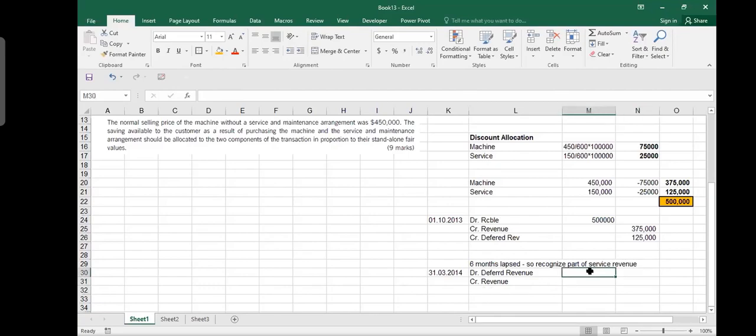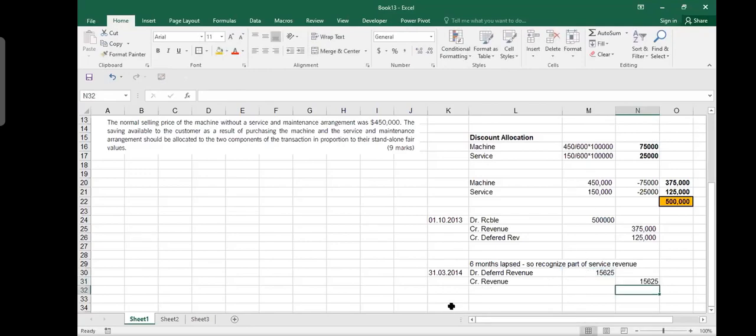How much would I do? Total service revenue is 125,000. You divide it by 4 years, so it is 1 year multiplied by 6 divided by 12. I do it for 6 months of revenue. So 6 months of service revenue I am booking here.